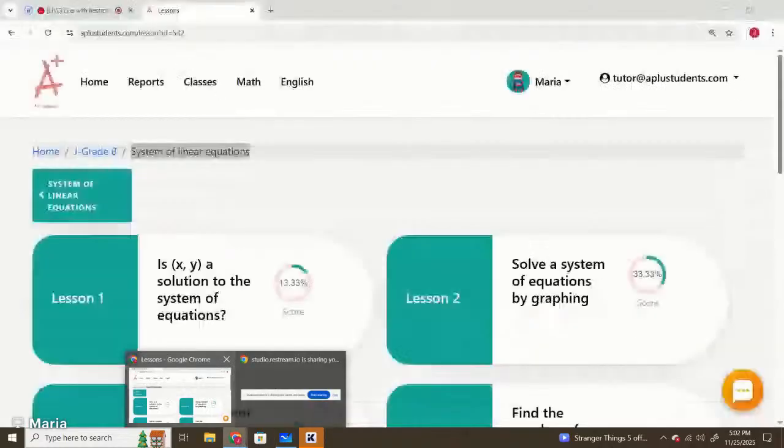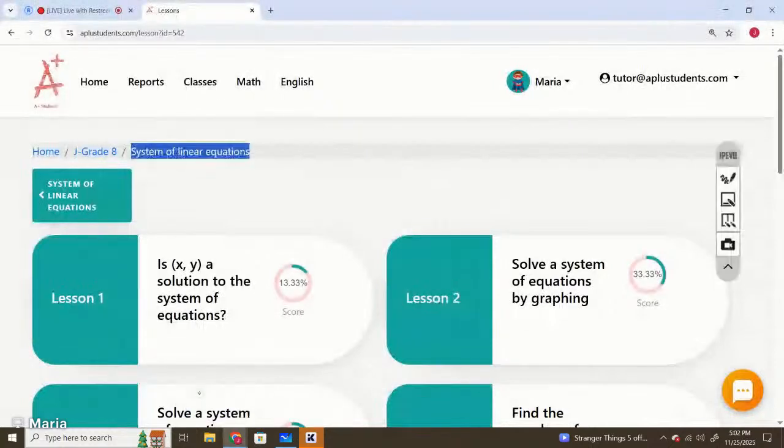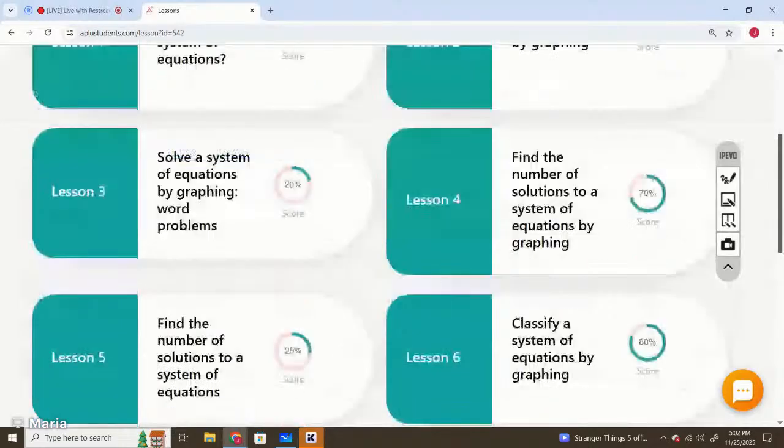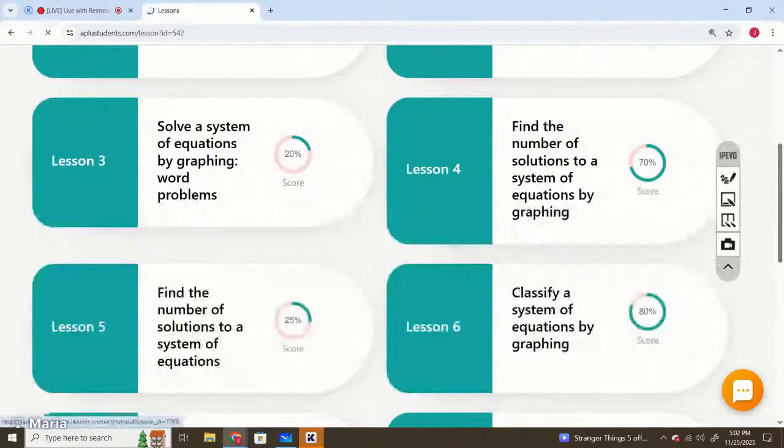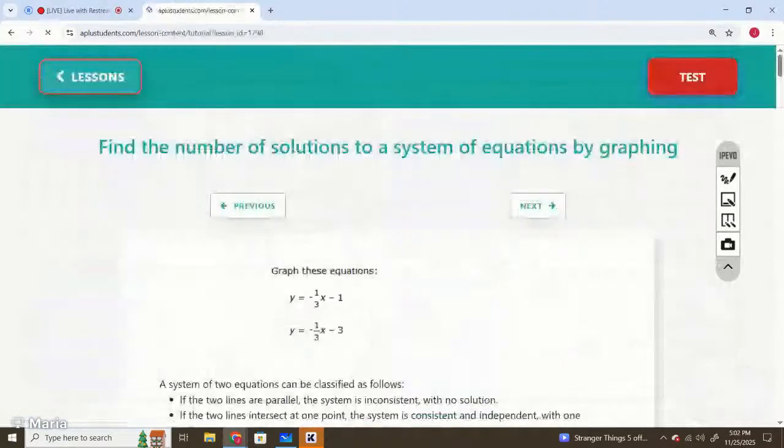Here I'm on grade 8 math. The chapter we are on right now is system of linear equations. Let's just start. Find the number of solutions to a system of equations by graphing.